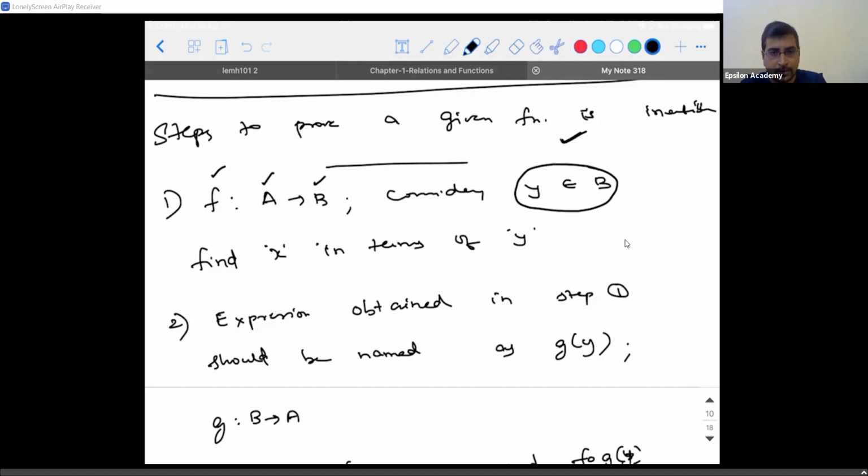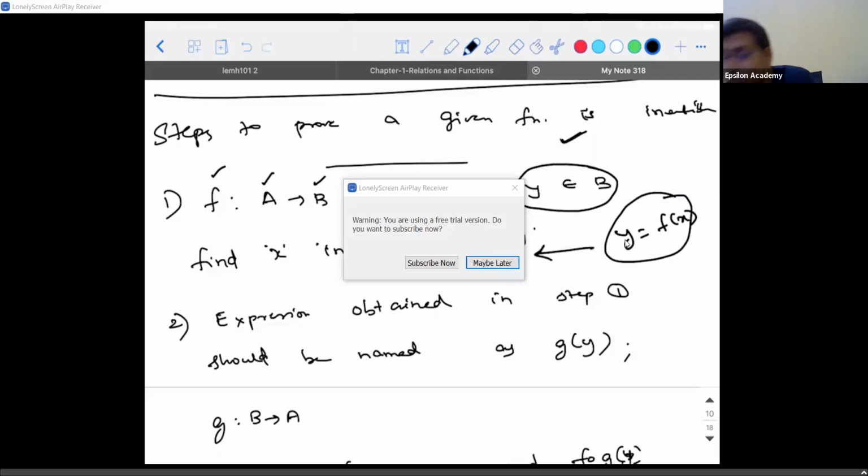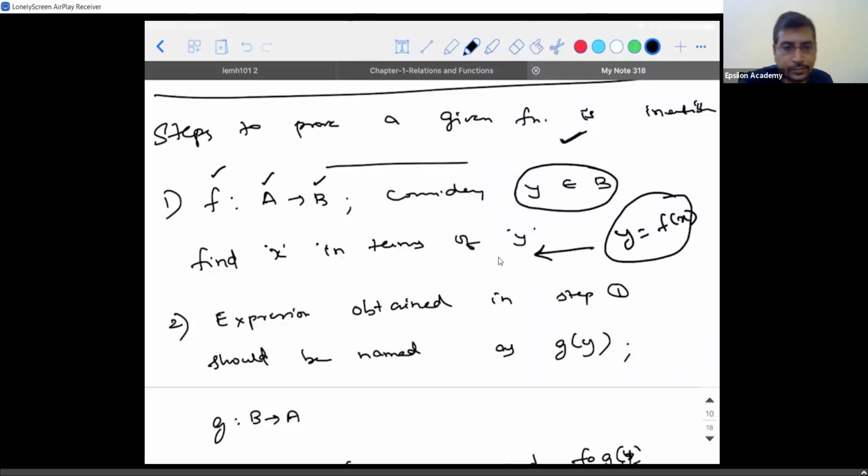Consider y belongs to B. Then you write y is equal to f of x. Then solve this and you will find x in terms of y. Any doubt in this step? No, sir.